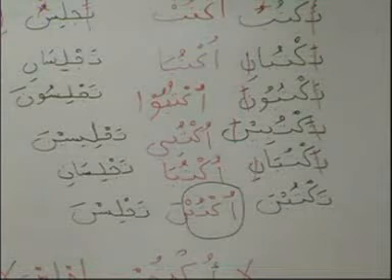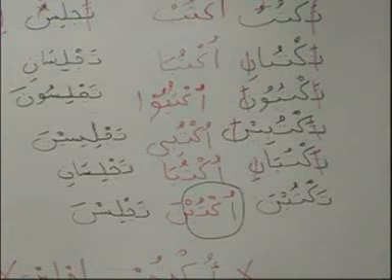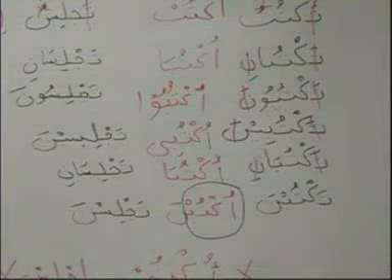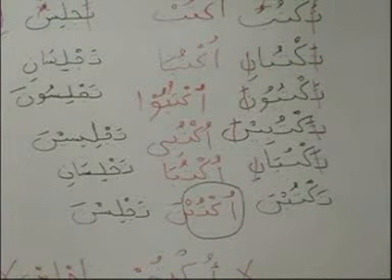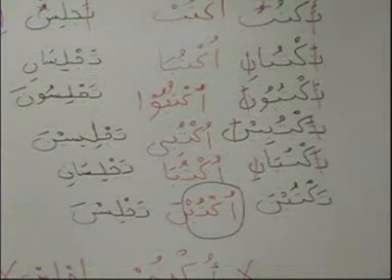Mustatir. What will you say? Uktub. How will you describe it? Fi'lu amrin mabniun ala sukun. Al-fa'ilu damirun mustatirun taqdiruhu anta. Taqdiruhu anta. Are you with me?